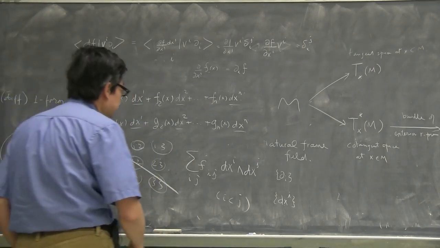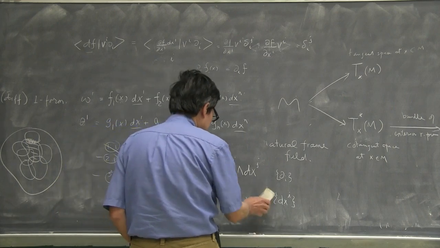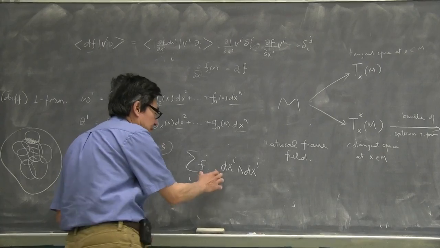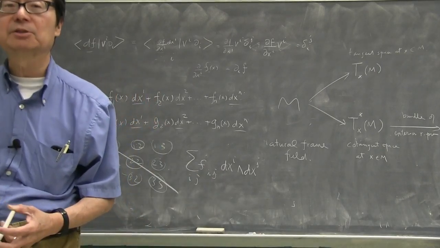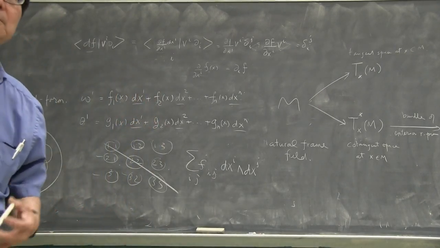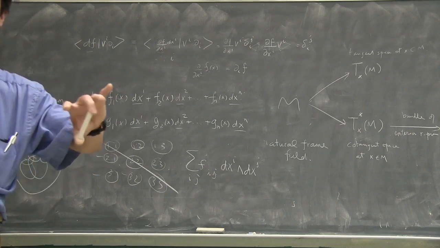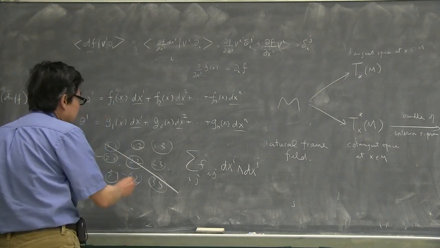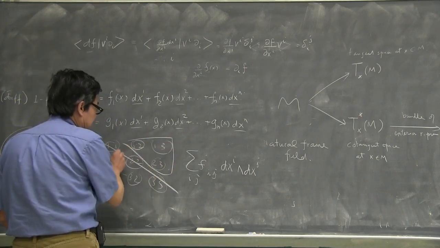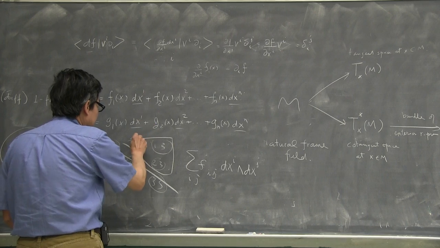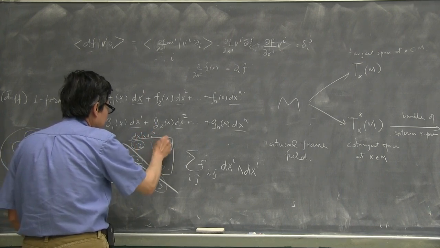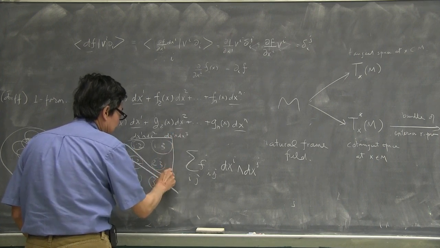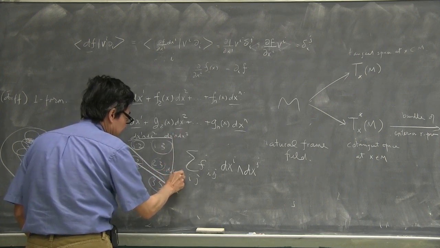And the 3 form would be something like dxi, dxj, dxk with something in here which has the 3 indices ijk and so on and so forth. So summing up just all the independent elements, okay? In the case of 3 dimensions, these are the only 3 independent elements. So this would be dx1 wedge dx2, this would be dx1 wedge dx3, and this would be dx2 wedge dx3.